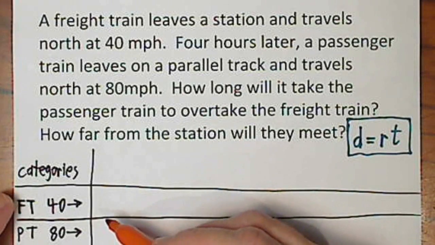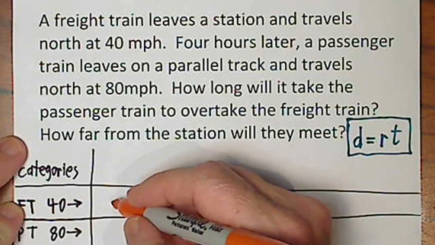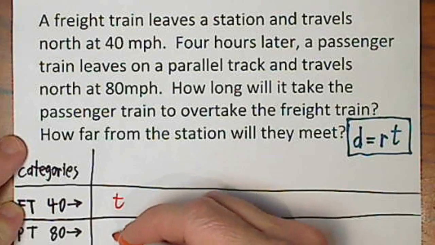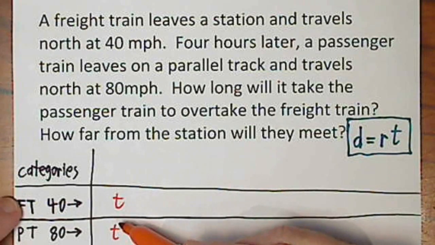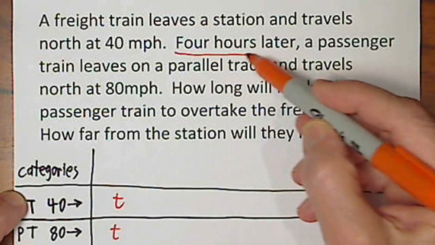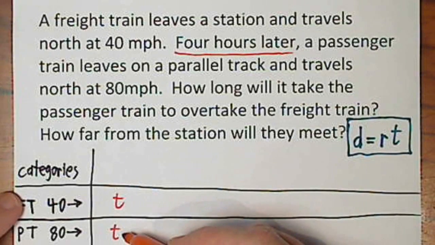So this train, we'll just say it leaves at, well, we'll figure it out, but I want a T, I want time in each of these categories, but they're not the same, right? One of them left 4 hours later. So the passenger train left 4 hours later.